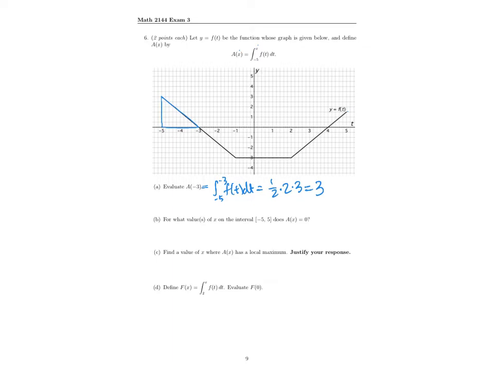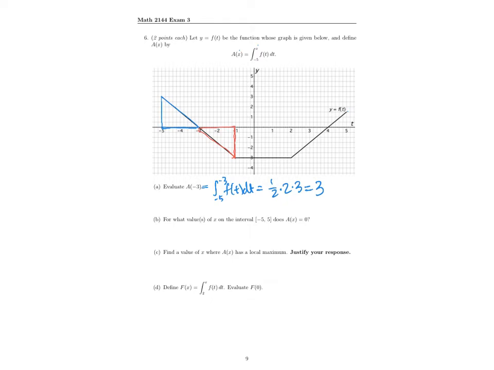Next it says, for what values of x on the interval from -5 to 5 does a of x equal 0? So a of x is an accumulation function, which gives me the area underneath the graph of f, starting at -5. If I look at what's happening here, I'm accumulating positive area until I get to -3, and then I start accumulating negative area. So when I get to -1, I've accumulated the same amount of positive area and negative area, so the integral there will be 0.